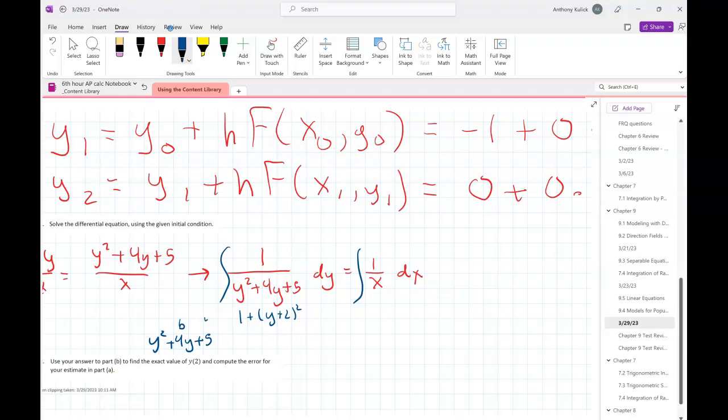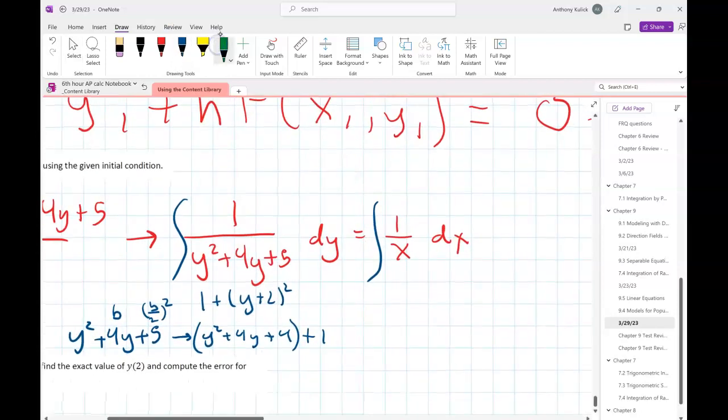To complete the square, I need b over 2 squared, which is 4. So 5 is just 4 plus 1. If I factor y squared plus 4y plus 4, that's just y plus 2 squared, plus 1. And I'm done. It's the easiest completing the square I can almost create. So this is a U sub problem, but it's the easiest U sub that ever U subbed.